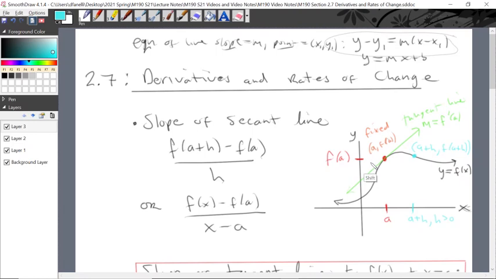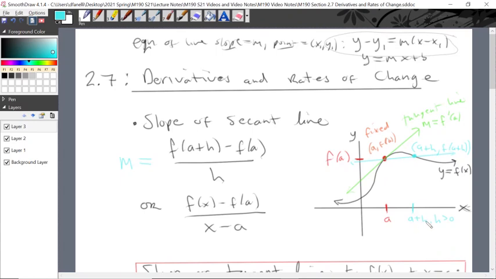So the idea here that we have geometrically is now we want to know what is the slope of this line, and that is a secant line, and the slope of that line can be found by taking y2 minus y1 over x2 minus x1 for the 2 points that we already know exist on that line, and that's going to give us this formula right here, f of a plus h minus f of a over a plus h minus a, which just simplifies to h, right?